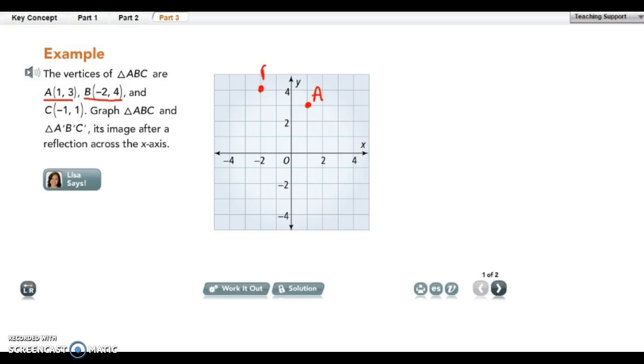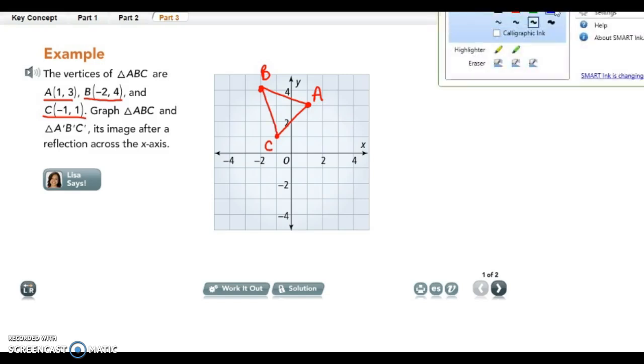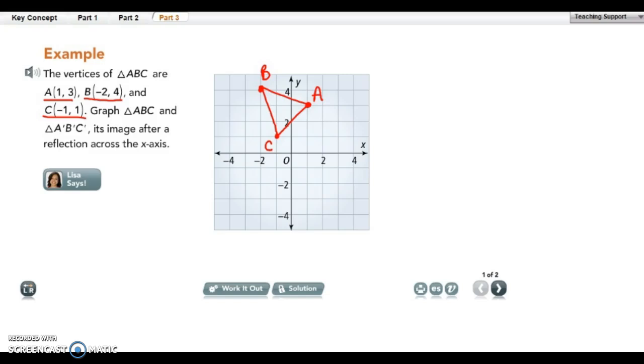So that's going to be B. And then for C, we're going to go over -1 and then up 1. So this is C. Then I'm going to connect my dots. I'm going to switch colors for you so you can tell which one is which.